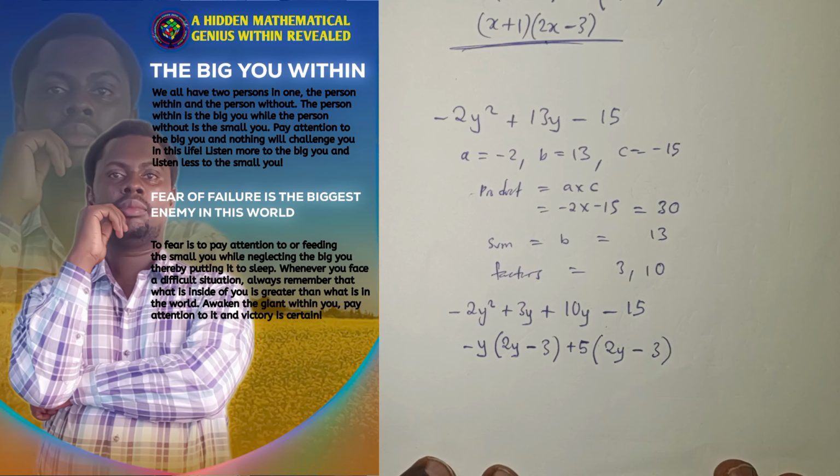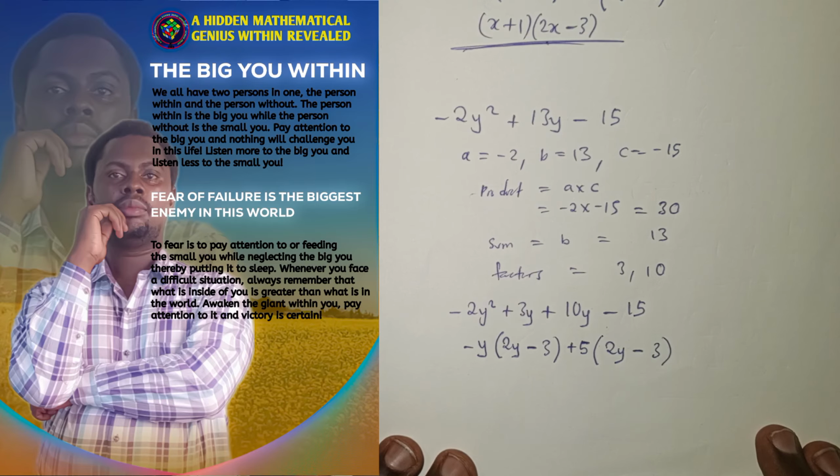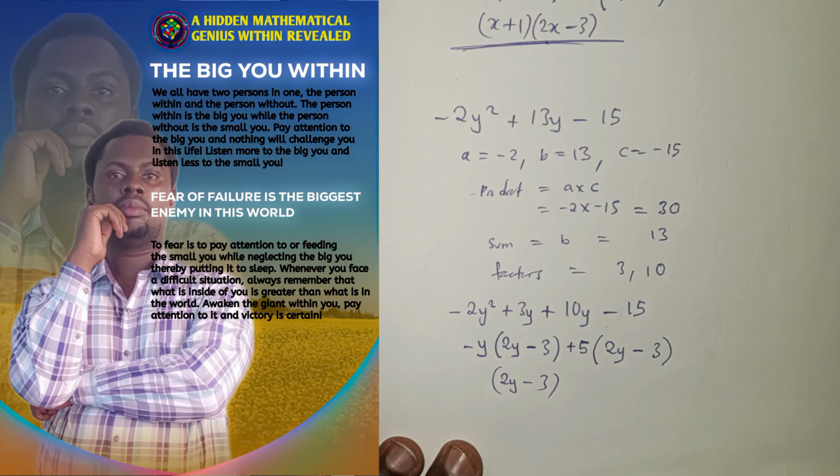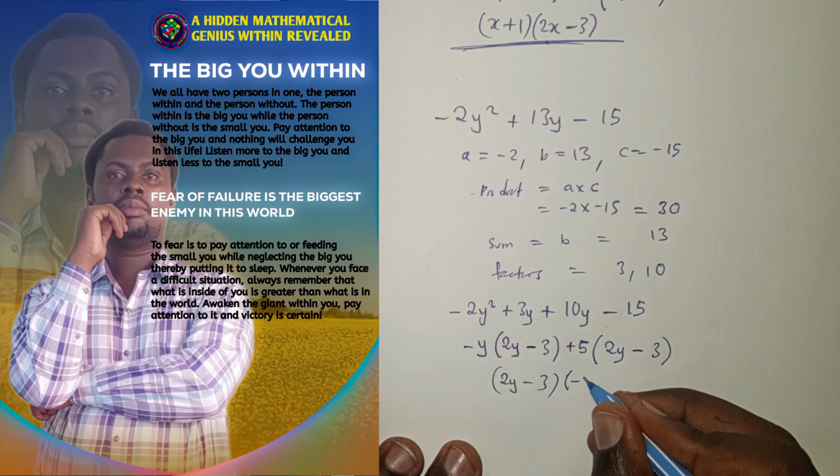Okay, again we can see that we have 2y minus 3 there and 2y minus 3. So 2y minus 3 is common. We need to divide out 2y minus 3. So when we divide out 2y minus 3 here, we remain with what? Yes, minus y.